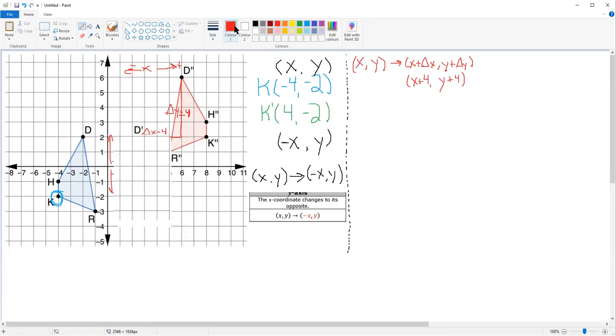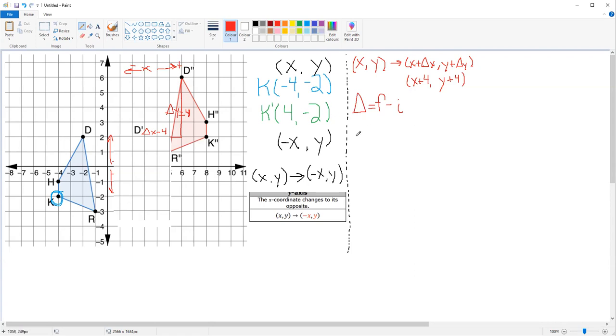Right, so remember that your delta is a change, and no matter whether it's physics or geometry or any math, your delta is the change, and it's always your final minus your initial. In our case, our final object is the red triangle, and the initial object is the green one.